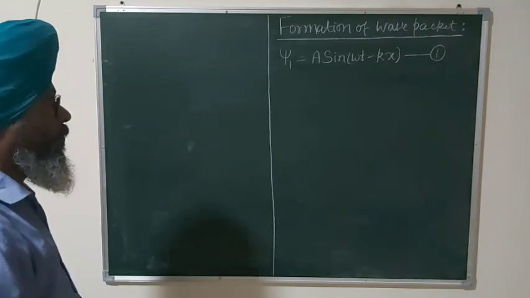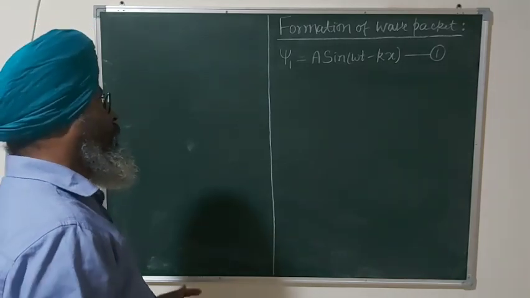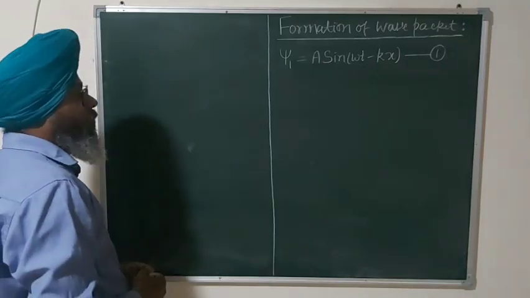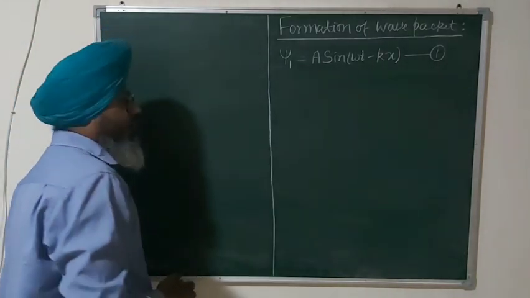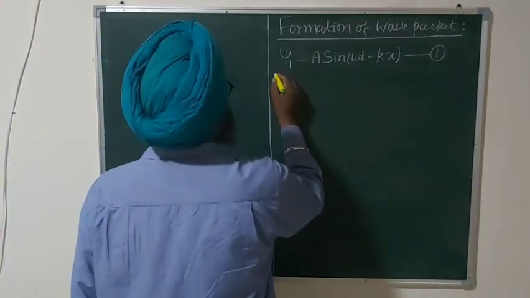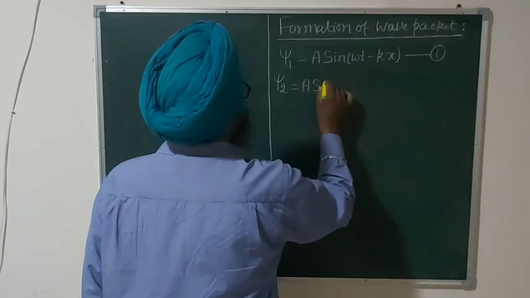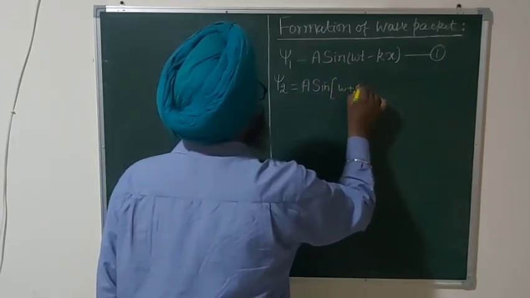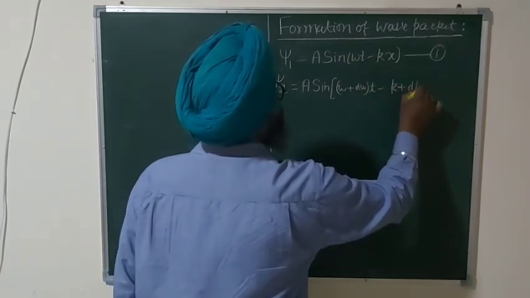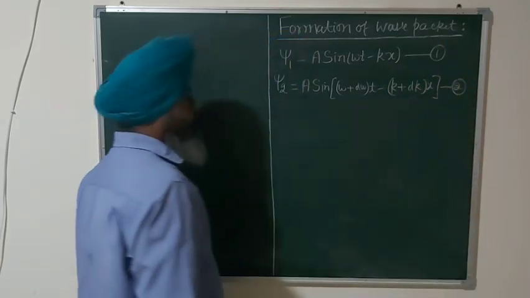The wave function of the next de Broglie wave, which is just adjacent to the one represented by equation 1, will differ in frequency and wavelength from it by a small margin. So I can write the second wave function as a sine of (omega plus d omega) t minus (k plus dk) x. Let us say this is equation number 2.